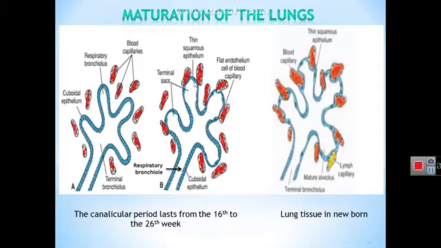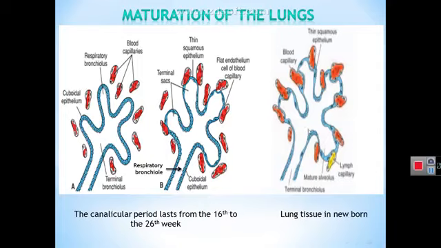In addition to these cells, at the end of the 6th month, another type of cells called type 2 alveolar epithelial cells produce surfactant. Surfactant is a phospholipid-rich fluid capable of lowering surface tension at the air-alveolar interface.